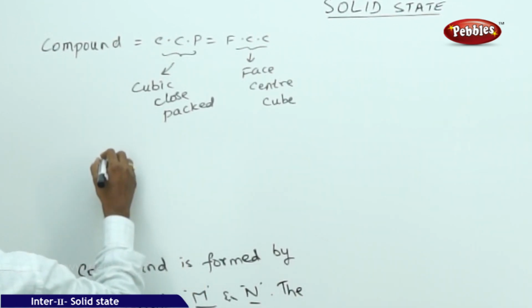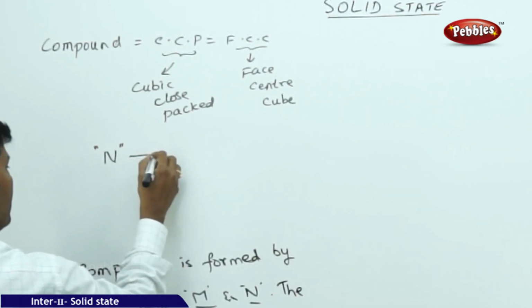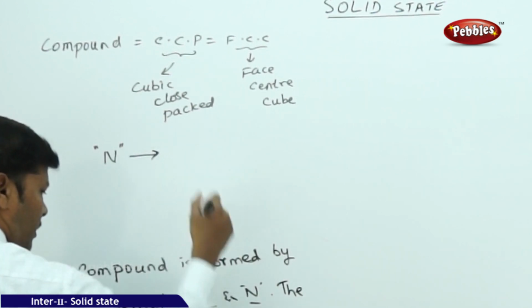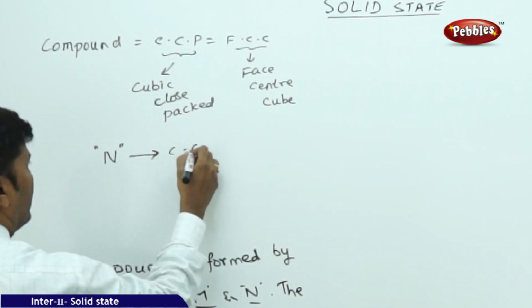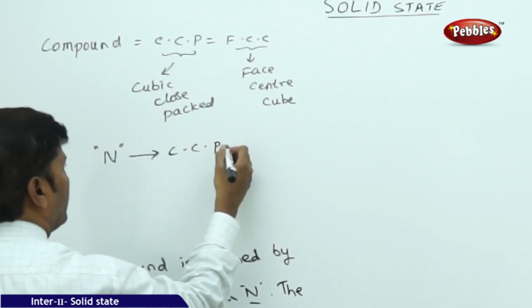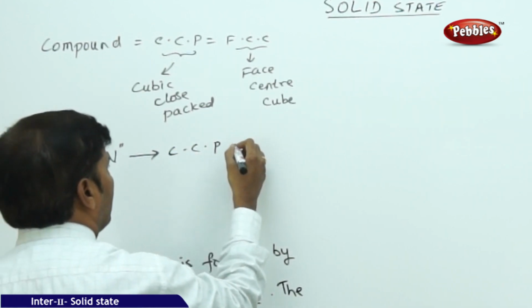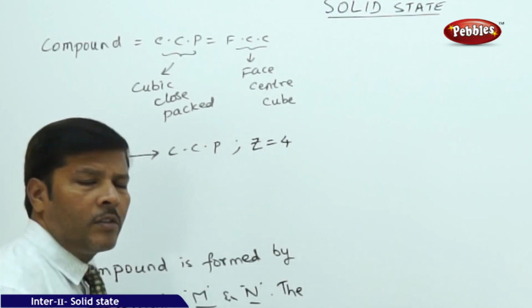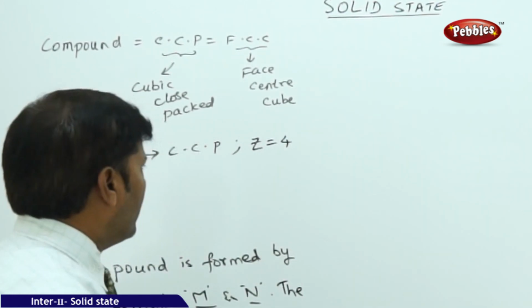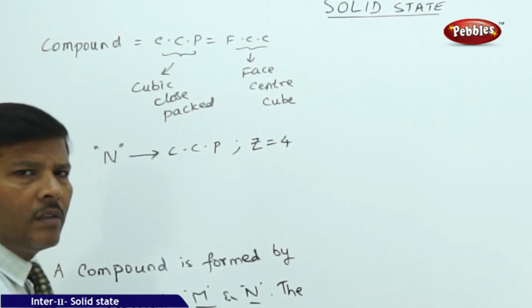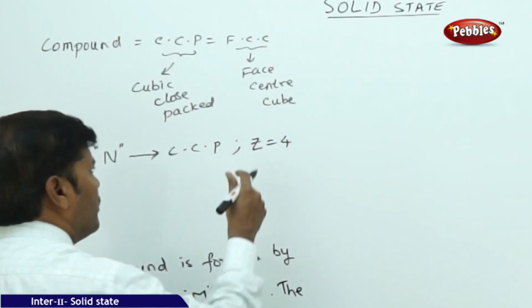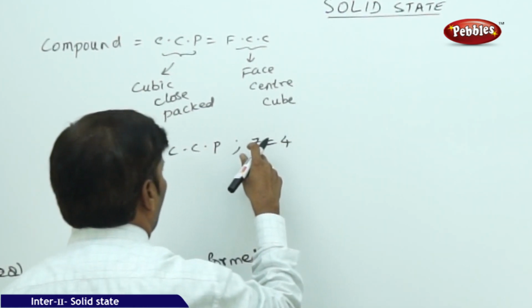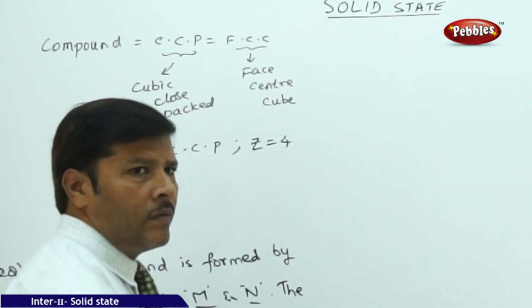If N forms a CCP type of arrangement, what do we mean by this? Let us apply the shortcut. For CCP, or face centered cubic lattice, the effective number of atoms present is equal to 4. This effective number of atoms we can call the rank of the crystal.